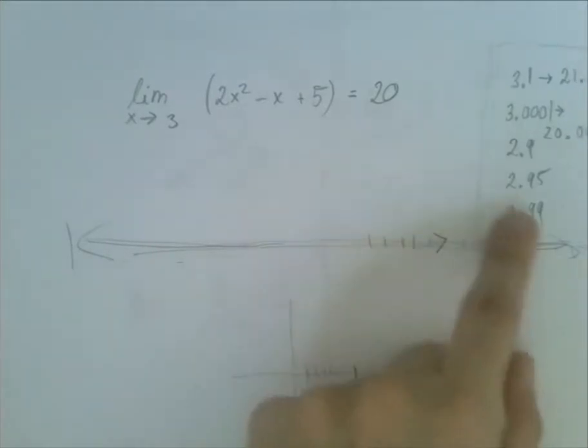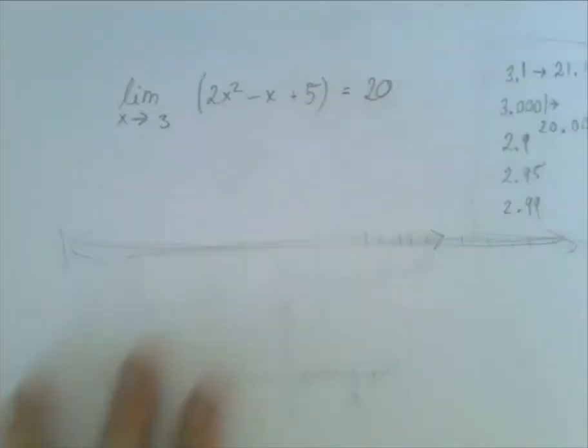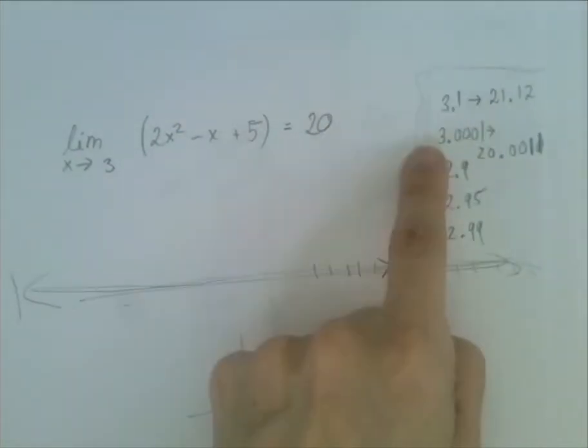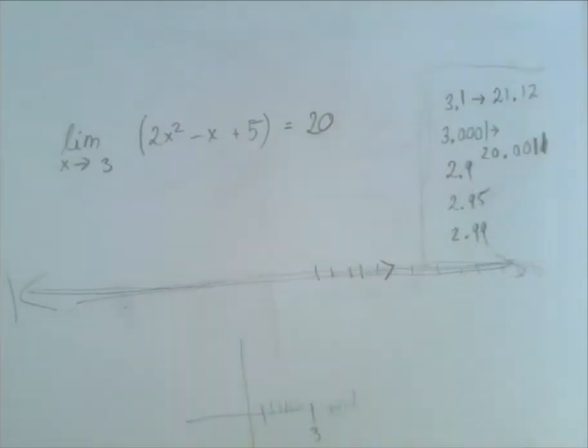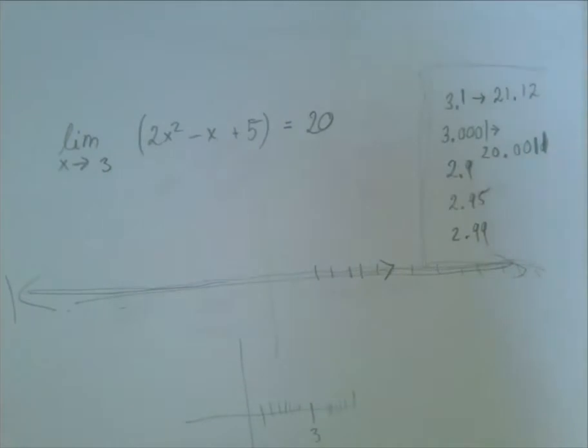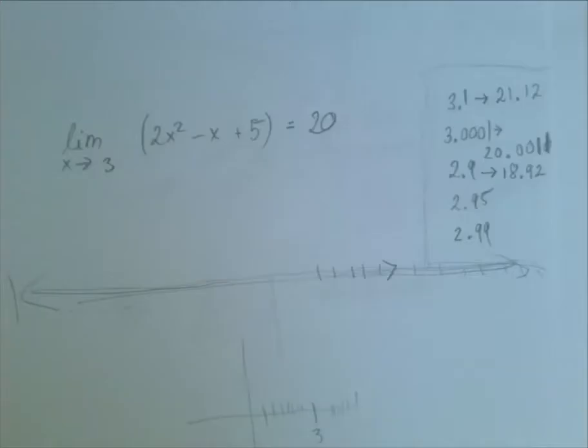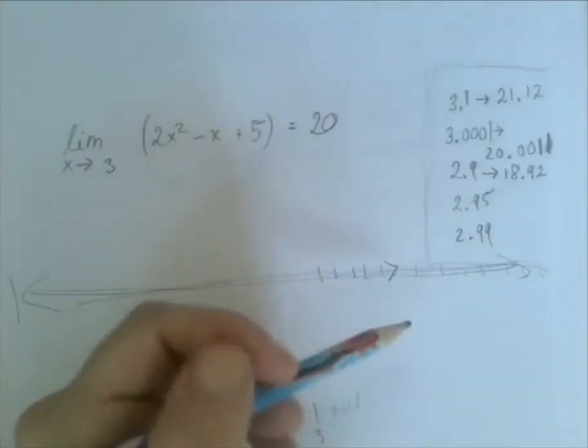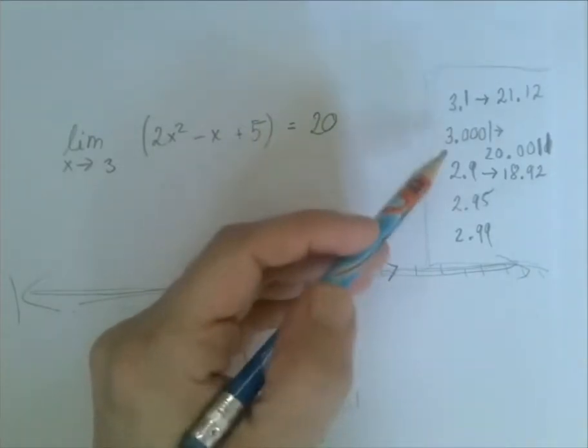What happens if we put 2.9 into this, right? When we put in 3.1, we got beyond. So maybe if we put in 2.9, we're going to get less. Well, let's see. If we substitute 2.9, we get 18.92, right? So we're below. Now, this may not be such a surprise because this is a quadratic, so we have a parabola.